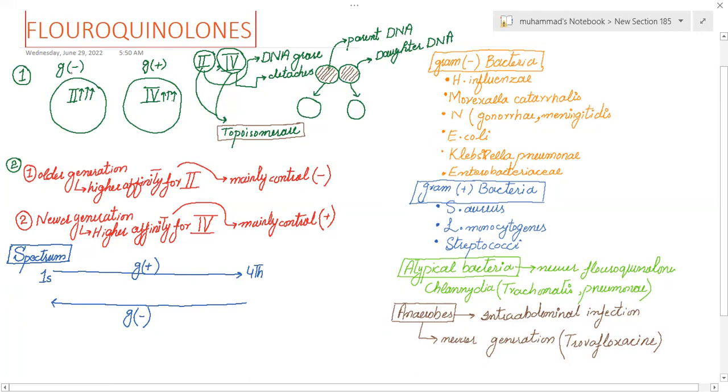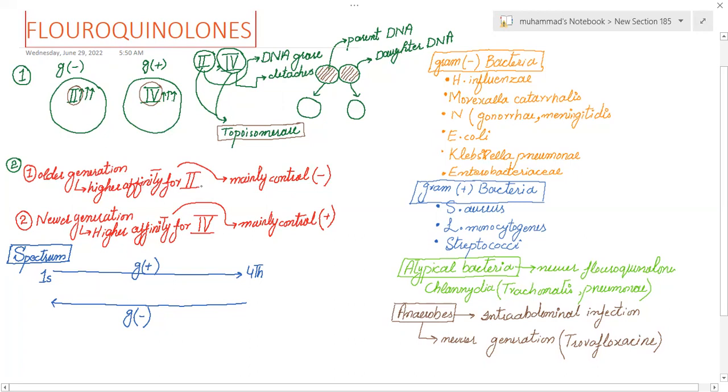And in the gram-negative bacteria, the population of topoisomerase 2 enzyme is more, and in gram-positive bacteria, the population of topoisomerase 4 is more. The older generation, means first and second generation, have higher affinity for topoisomerase 2, and newer generation have higher affinity for topoisomerase 4.